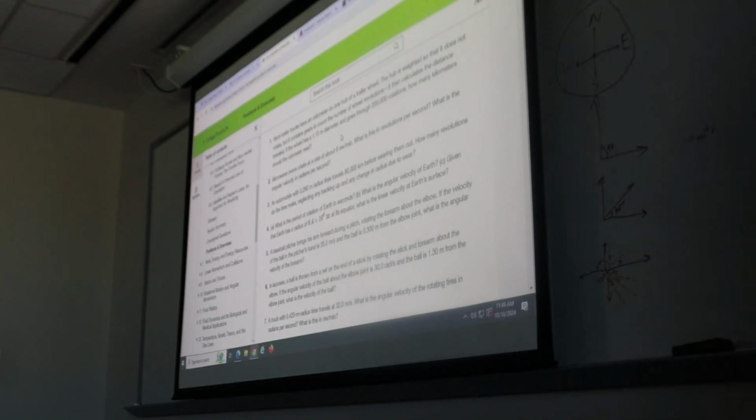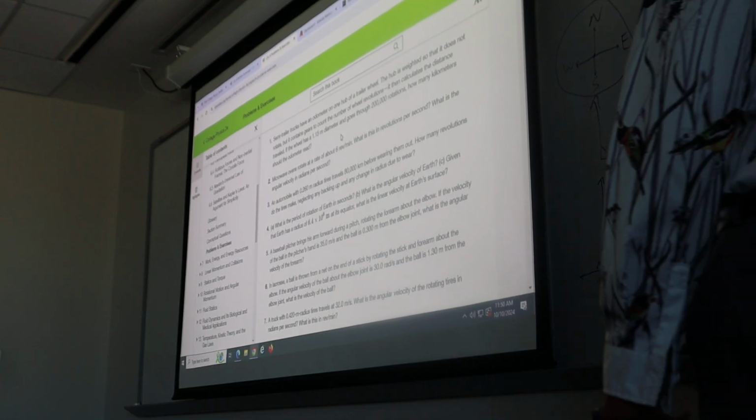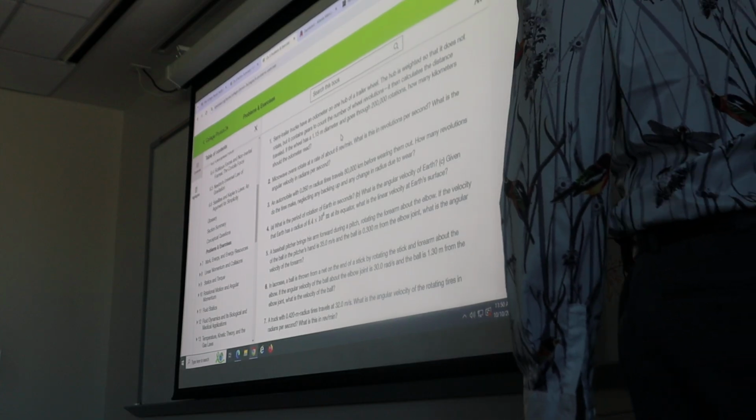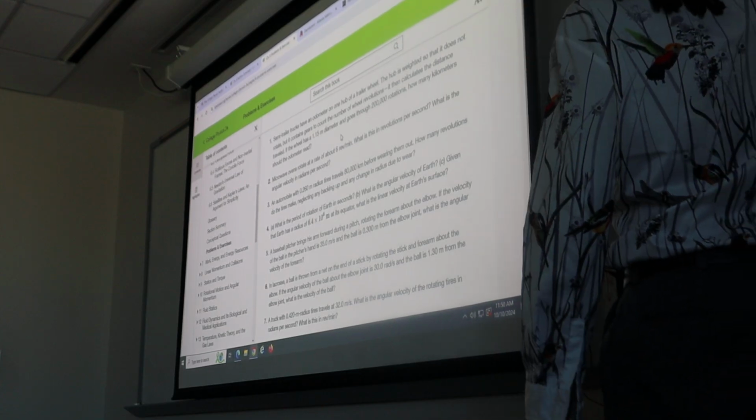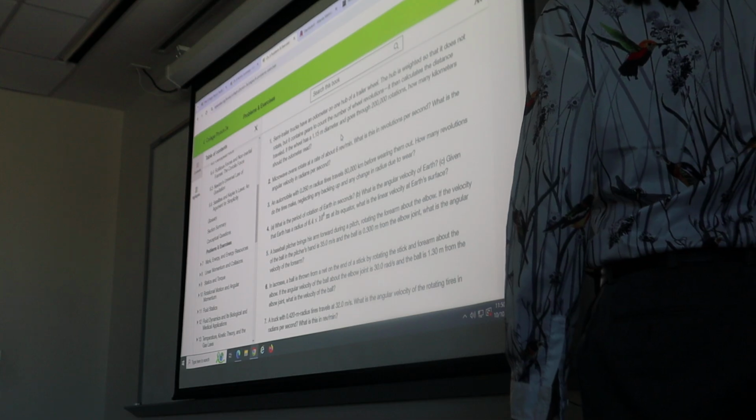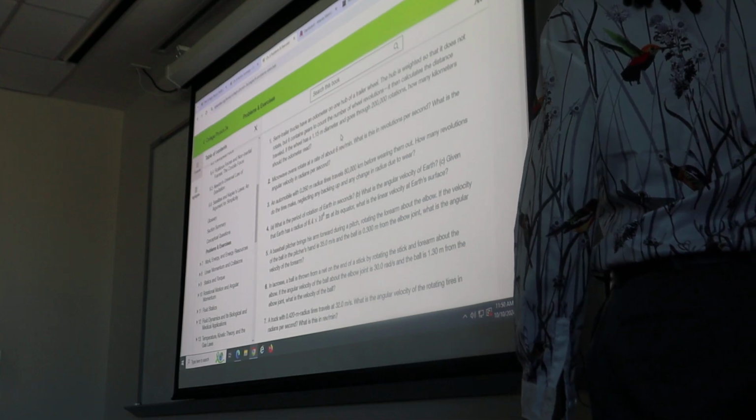So rotations are different from revolutions? That's the same thing. Oh, okay. Yeah, it's going to be the same. Okay, so I'll say the revolutions. How many kilometers should the odometer read? Kilometers traveled.